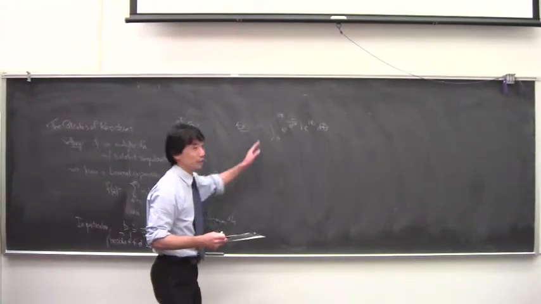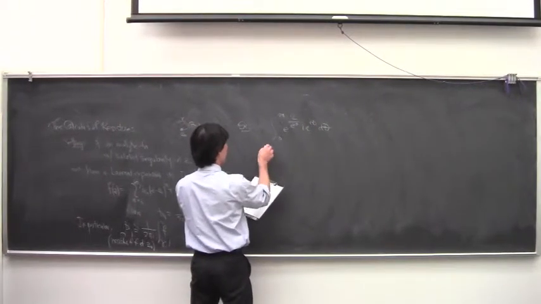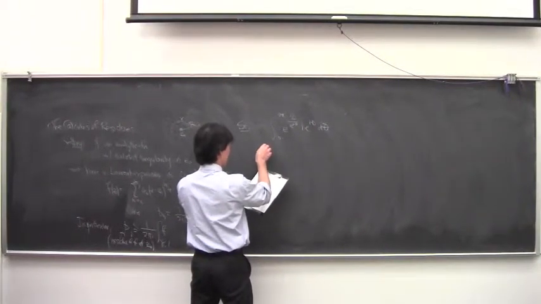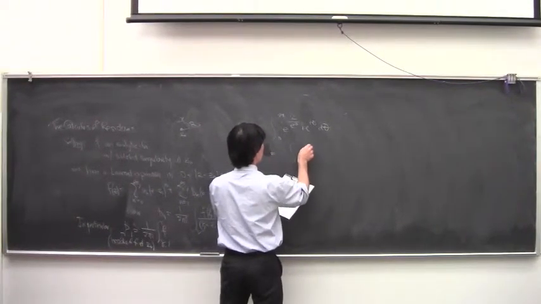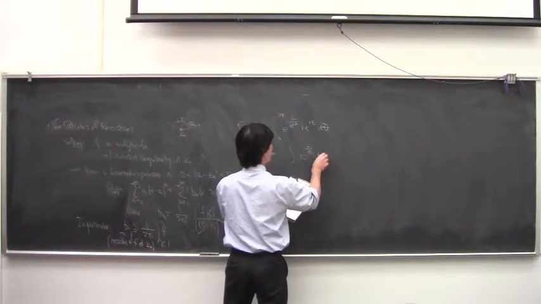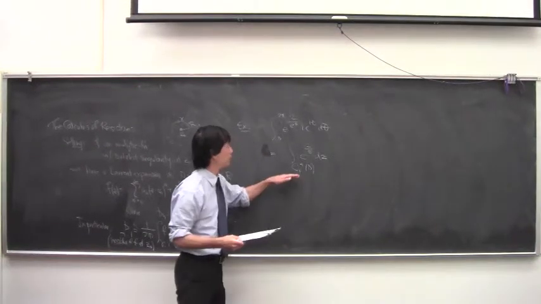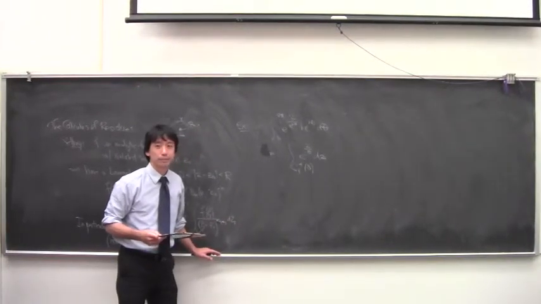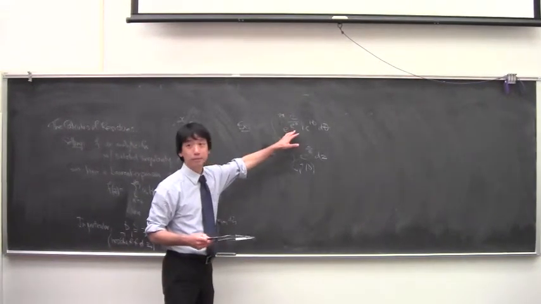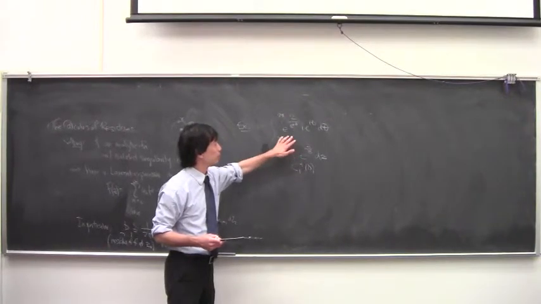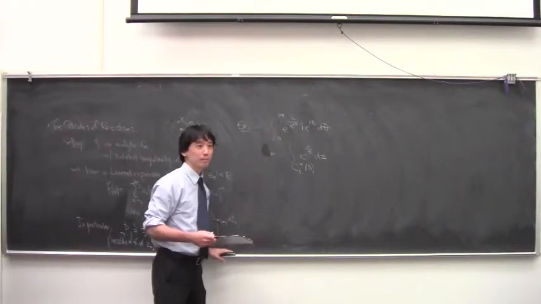But now that you've had some complex analysis, you recognize that this is actually the same thing as the integral of e to the 2 over z dz around the circle of radius 1 around the origin. You see it? These are the same thing.